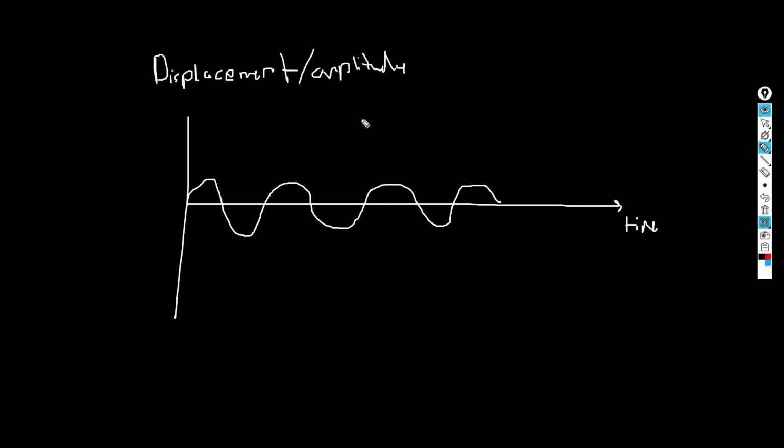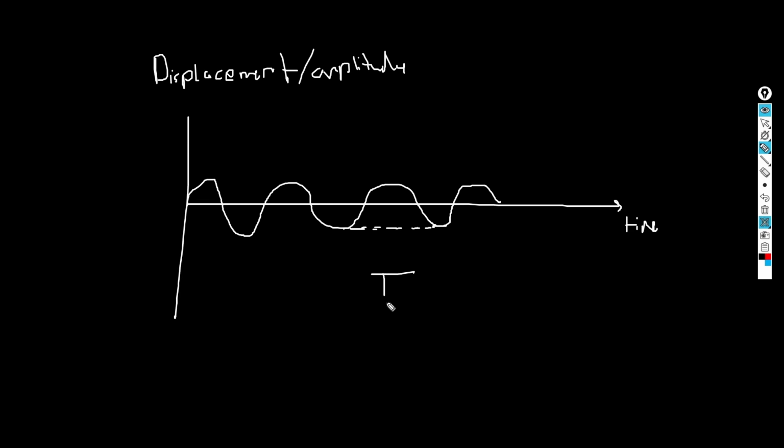Anyways, what you need to focus on in a displacement time graph is this. What is this? Wavelength? No, it's not wavelength. This is a period. This is the time it takes to cover one wavelength, because this is a displacement time graph, not a wavelength graph.